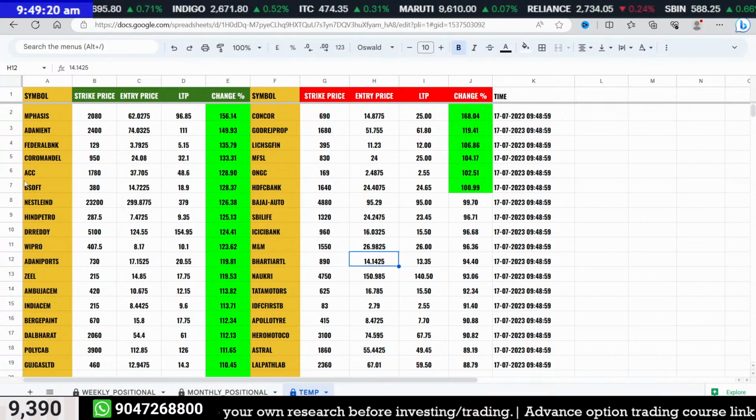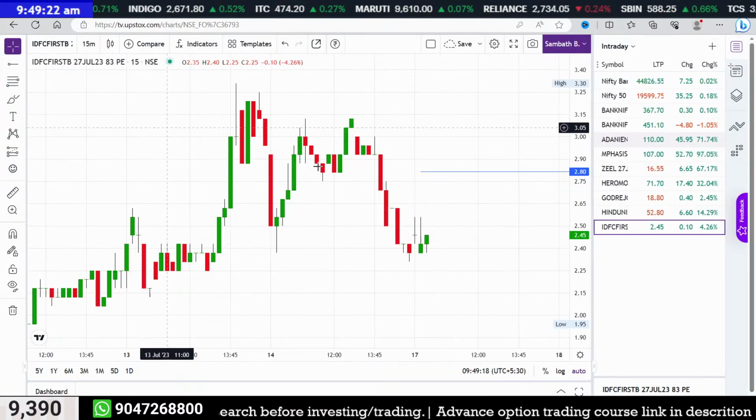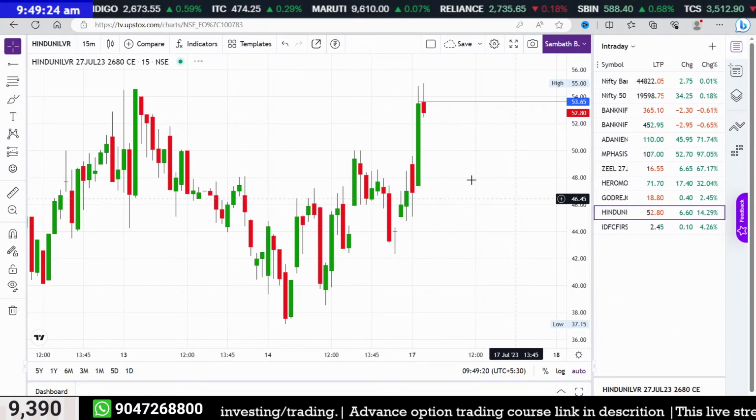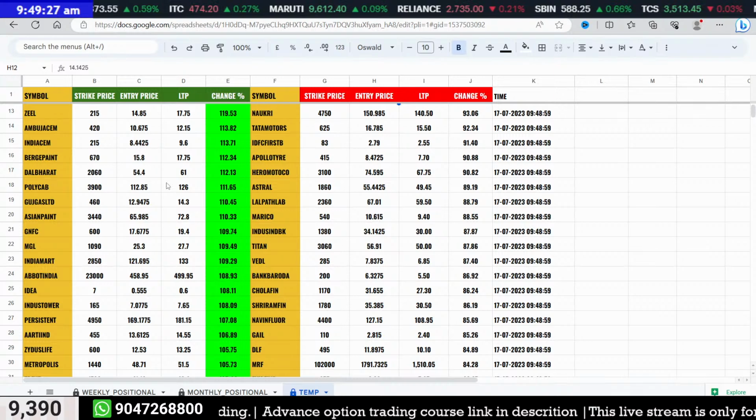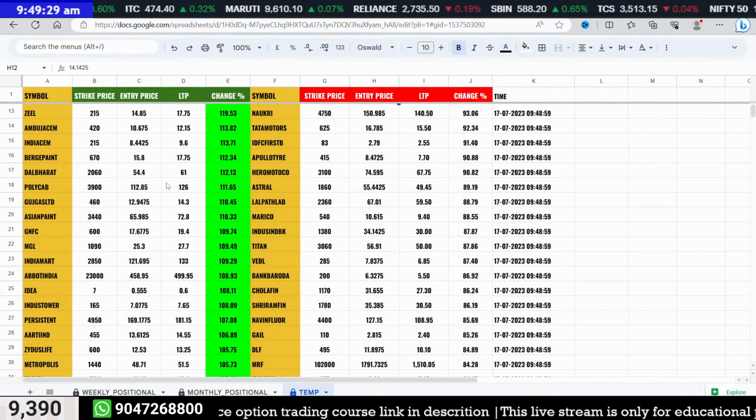As per the new strategy, Hindustan Unilever trigger was added. Maybe we have to check it. I'm just taking this on a live market.